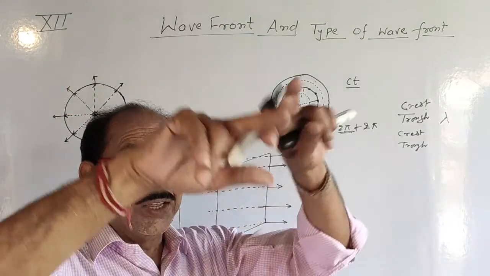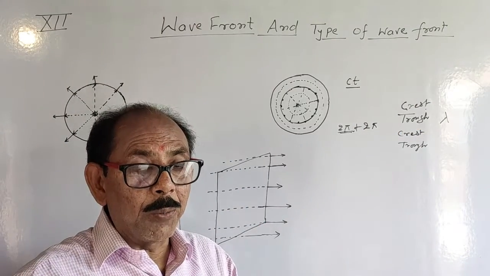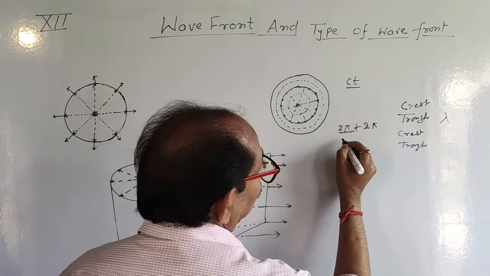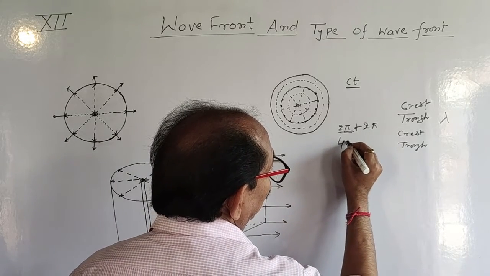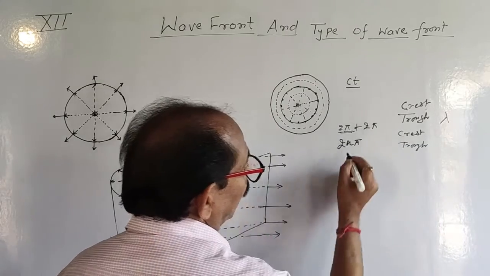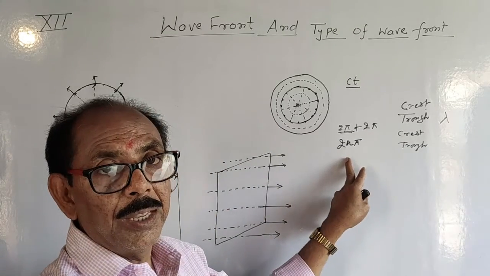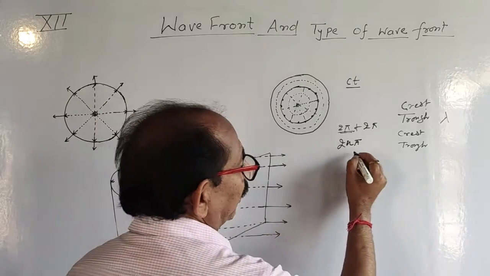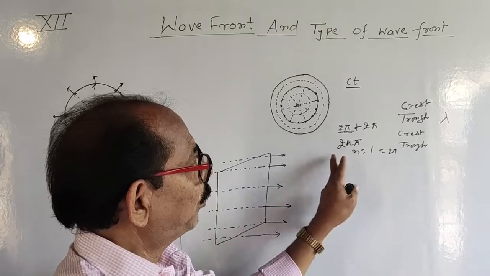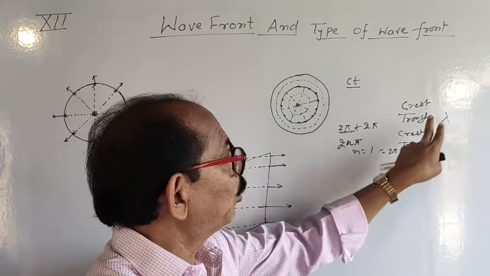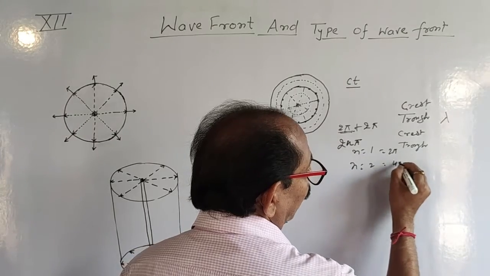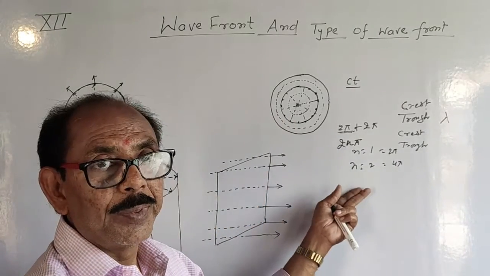It keeps expanding in an ever-growing concentric circular form, so we can say the phase difference is 4 pi or 2n pi, where n is any integer. For n equal to 1, it is 2 pi, the phase difference between two crests; for n equal to 2, it is 4 pi, and so on.